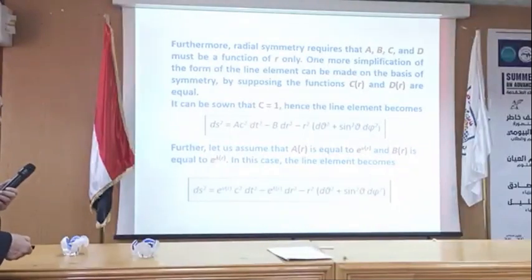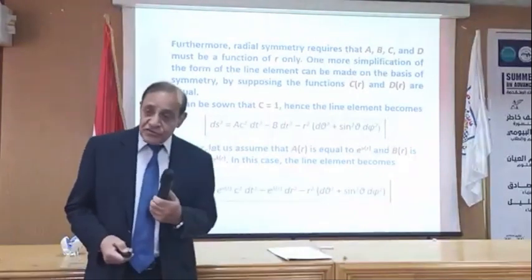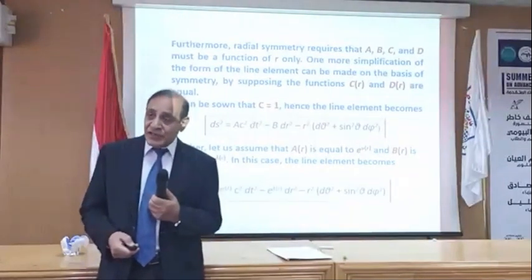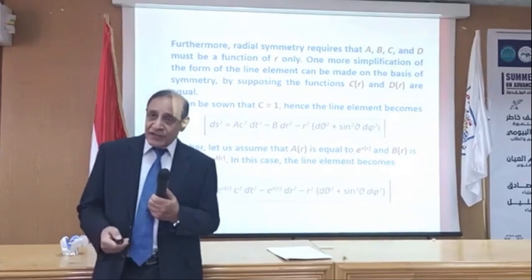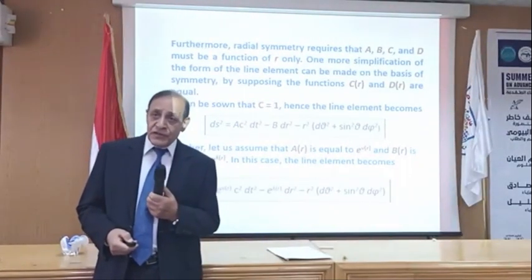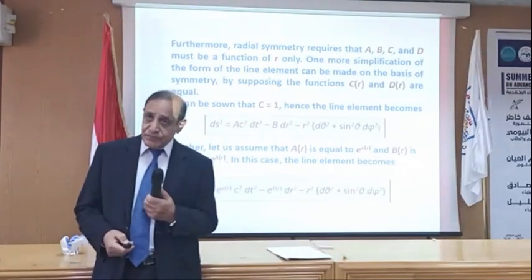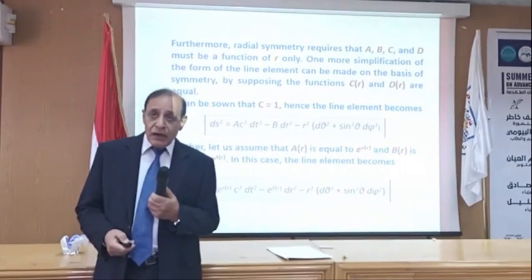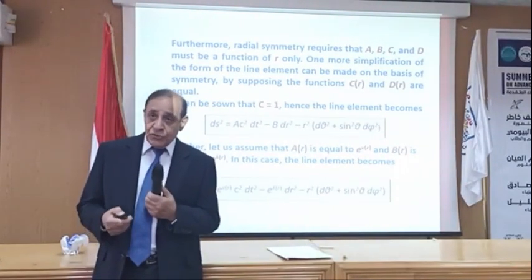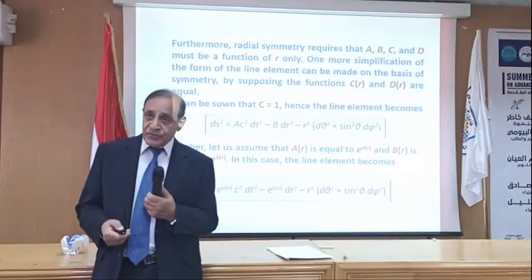So this is A, and this is B. Of course, one can ask me, why are you choosing A equal to e to the nu, a function of r, and B equal to e to the lambda, a function of r, etc. The answer is, if I do this, I can find an easy solution. One says, what is an easy solution? I said a consistent solution. A solution that is consistent with the field equation.